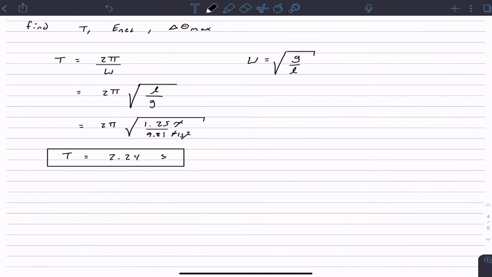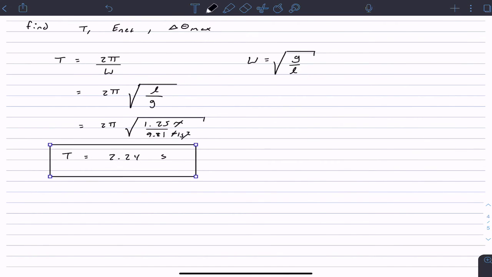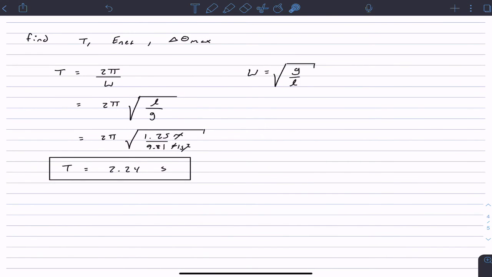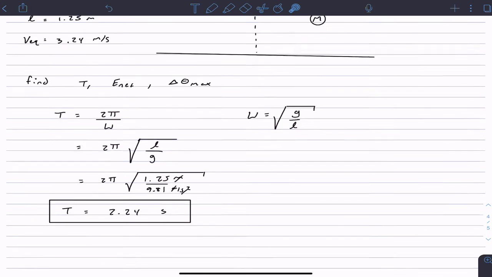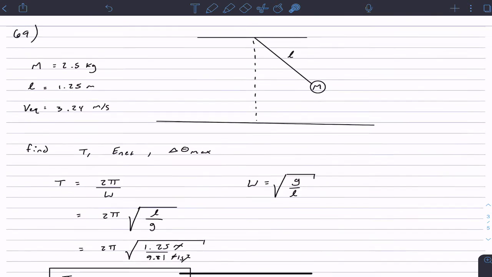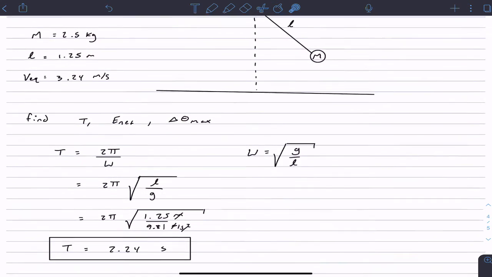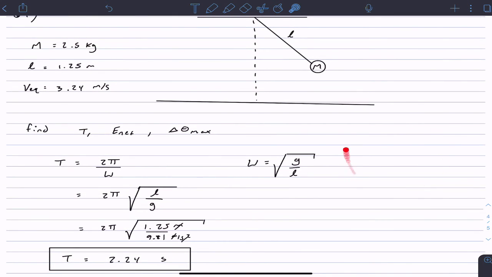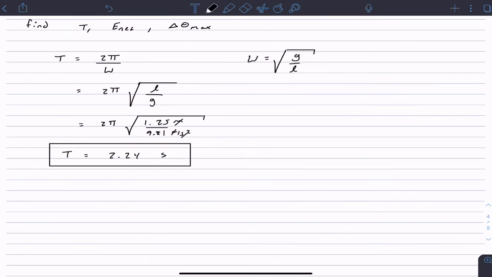Pretty straightforward. As far as algebra goes, there's not much to do. You just have to make sure to recognize that we're looking at a simple pendulum and that we need to use the angular frequency for a simple pendulum, not for a spring and not for a point mass rotating around an axis, right? Okay, so that's T.